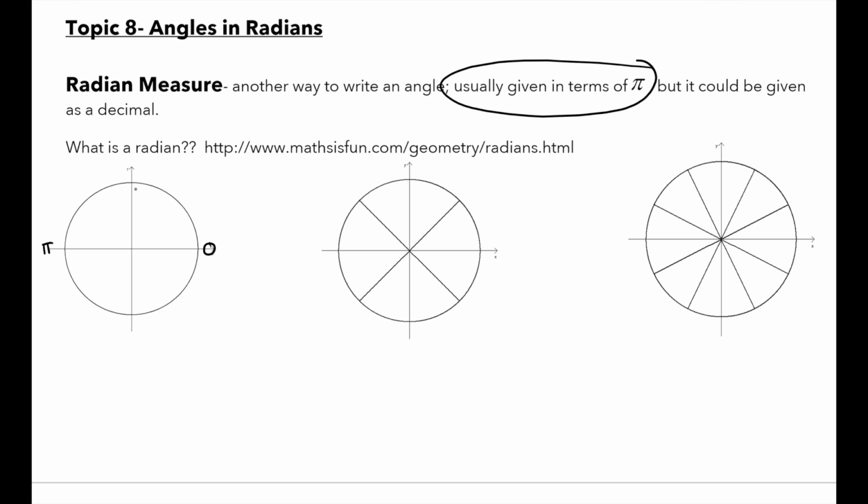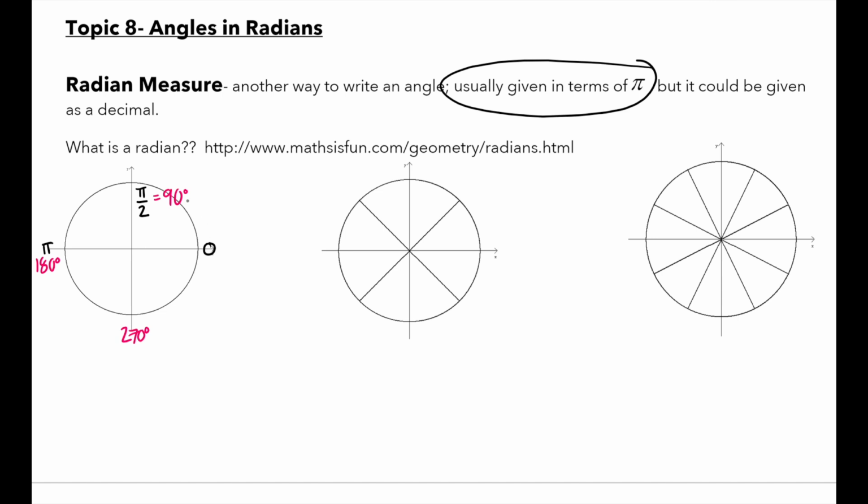That means at 90 degrees, or halfway to pi, we would have half of pi, or pi over 2. So pi over 2 is the same angle measurement as 90 degrees, just as pi is the same measurement as 180 degrees.